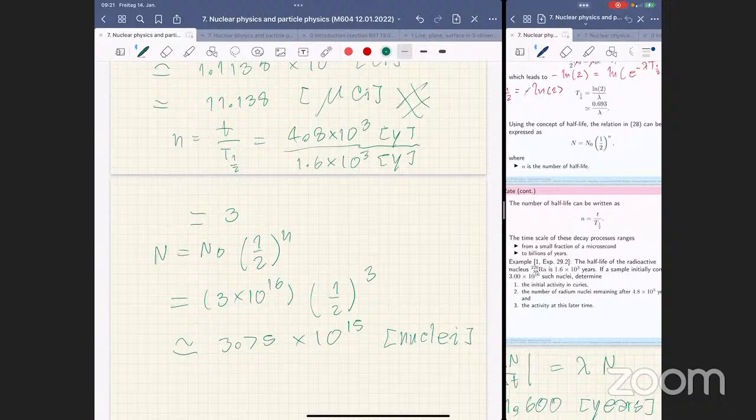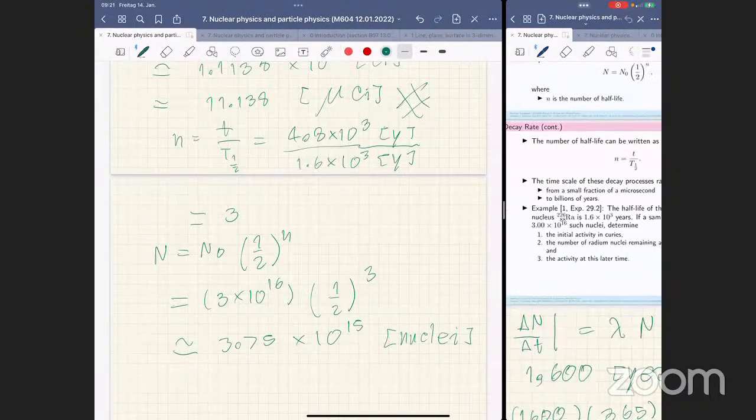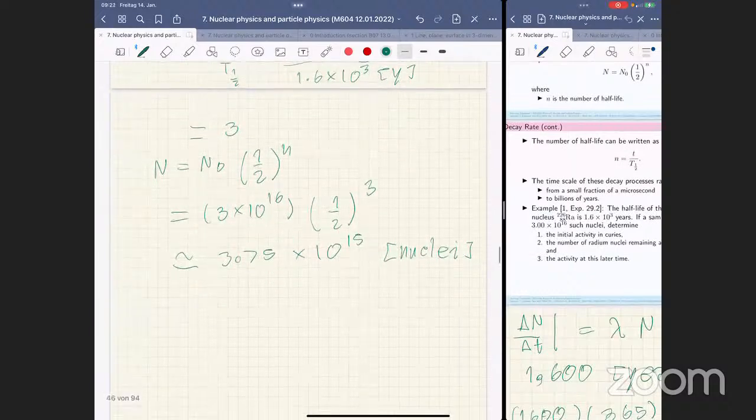The third quantity is the activity at this later time. So activity or decay rate is lambda and n, right? And you know that lambda is ln 2 by t half, right?